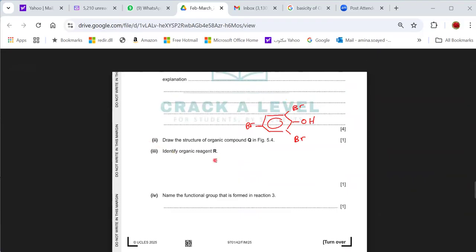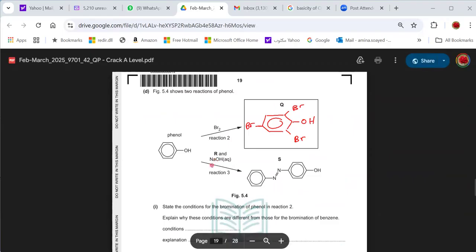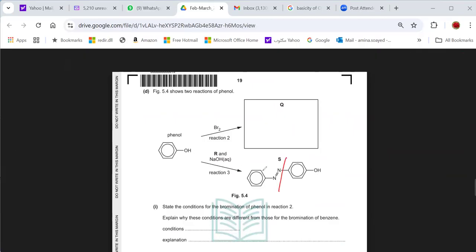Identify the organic reagent R. As we see, the R will be this part, because this is the phenol that we started with, and the R will be the benzene diazonium ion.